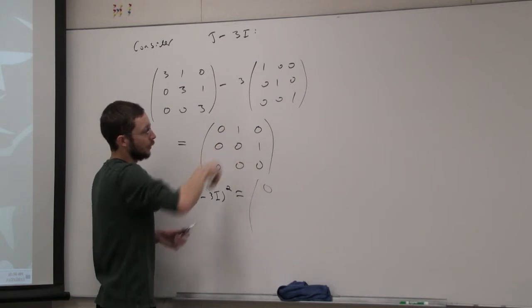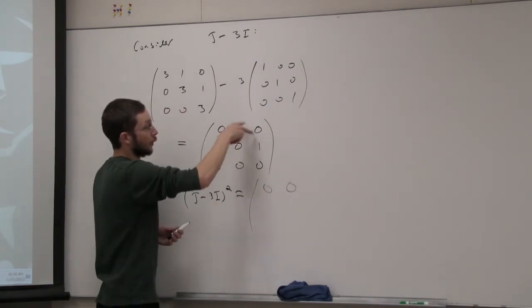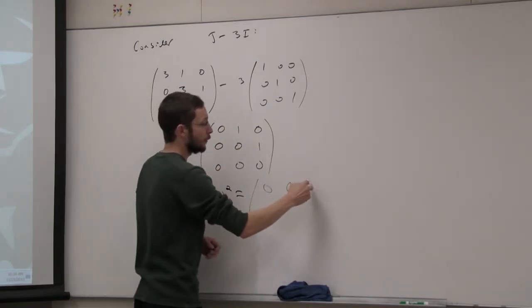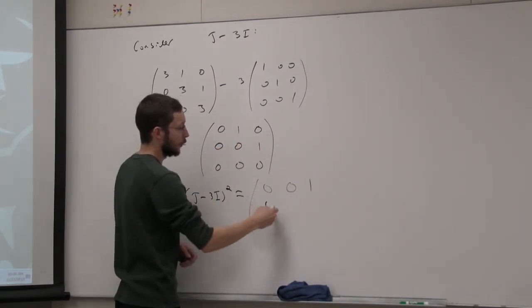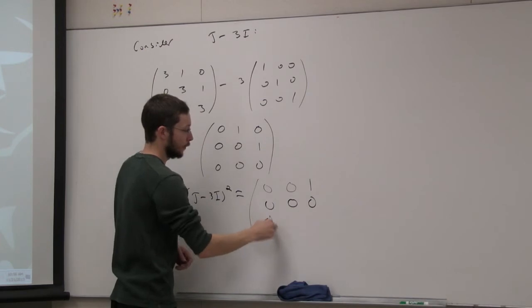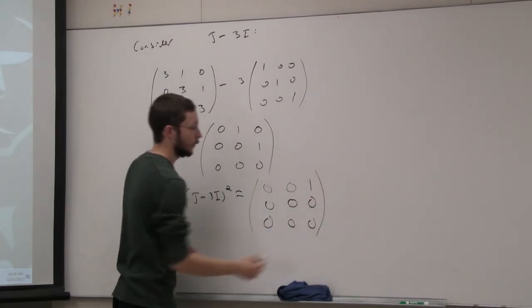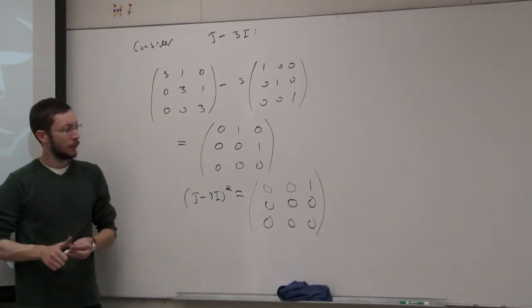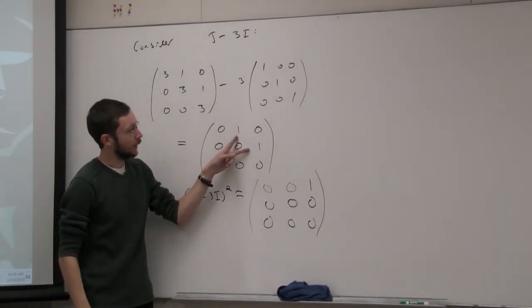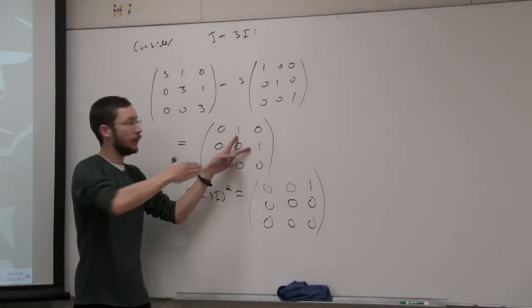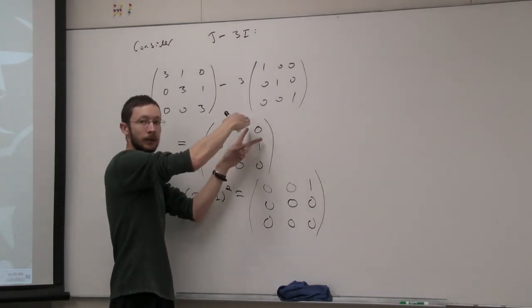This row times this column gives you 0. This row times this column gives you 1. And then if you did all those same products, you'd end up getting zeros everywhere else. So we notice that squaring this thing basically took that row of 1's and bumped it up 1 diagonal position.